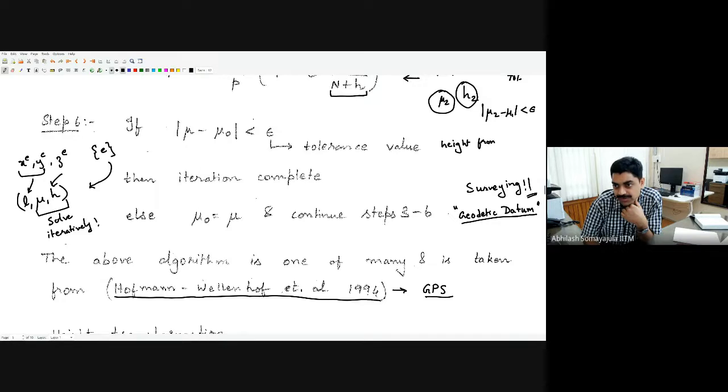Correct? That's how we mostly measure the height, isn't it? Height from mean sea level. How can this height which we computed as h be related to that height is what we will talk about on Monday.